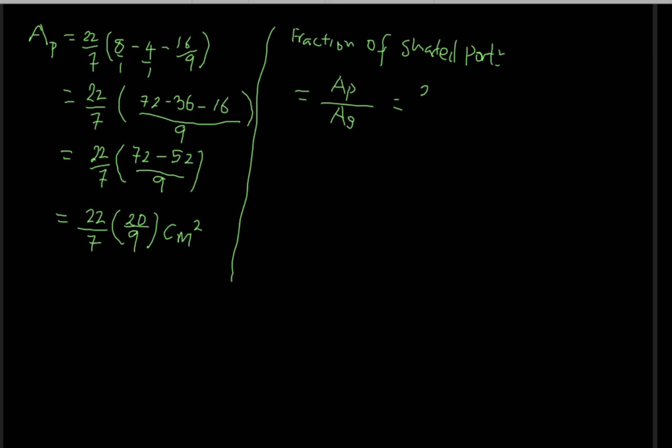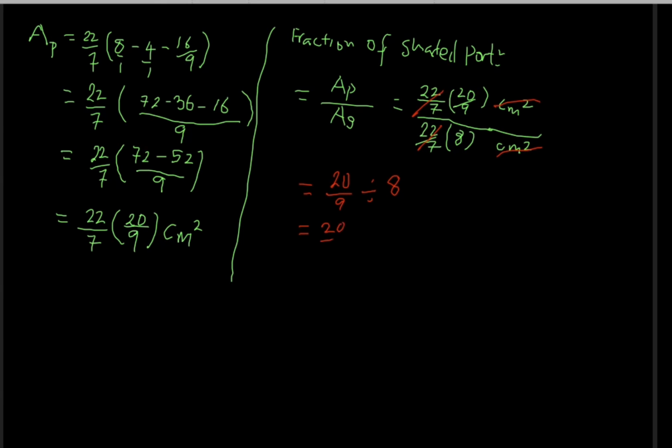The area of the shaded portion is 22/7 times 20/9, and the area of the semicircle is 22/7 times 8. The units are centimeter square. This 22/7 will cancel 22/7. I have 20/9 divided by 8.